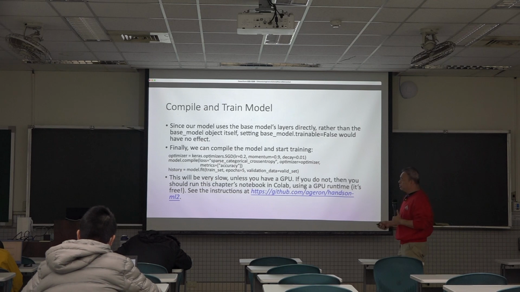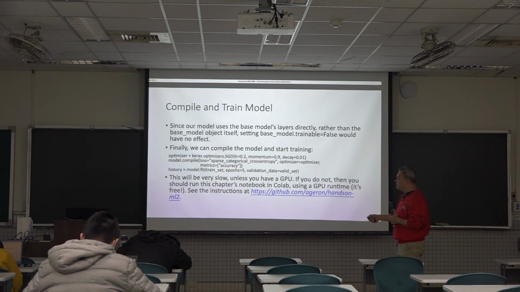We didn't compile the model initially anyway. So we provide the optimizer information, and then we compile the model, providing the loss function, what optimizer to use, and the performance metrics.